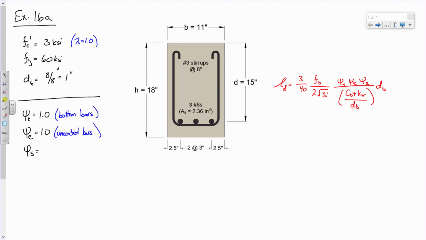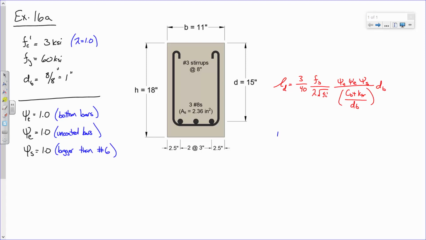What about psi_s? 1. And why is that? There we go. 1.0, and we'll say bigger than number 6. So bigger bars, we don't have to worry about that decrease in development length.